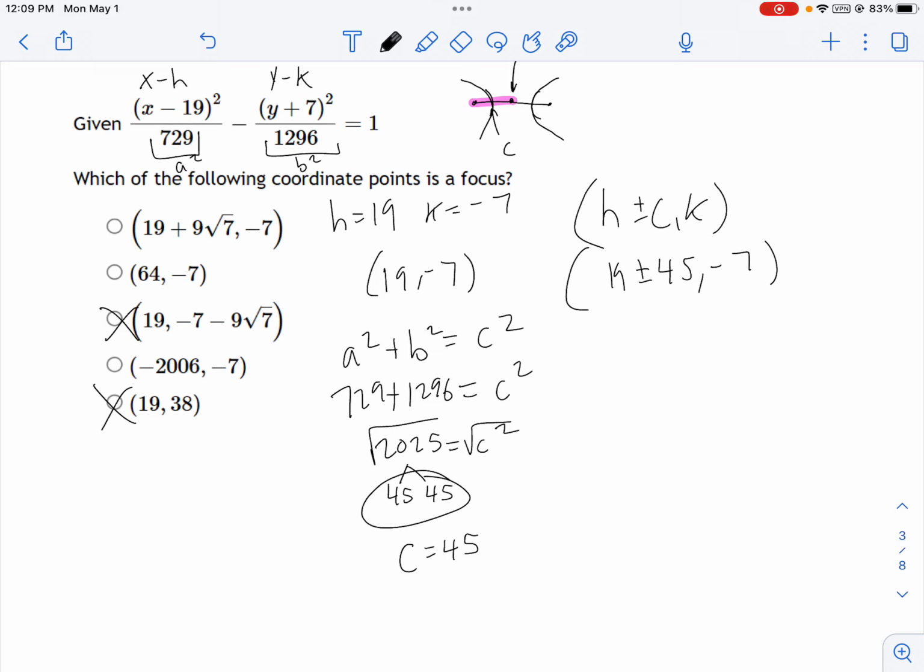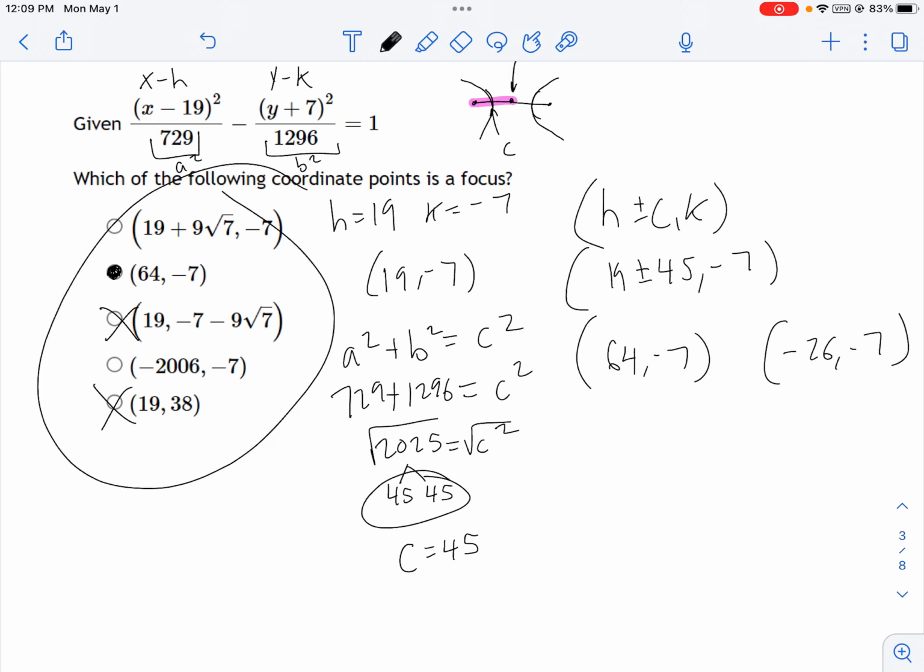So we have 19 plus 45, which is 64. So 64, comma negative 7 is a focus point, which we see there on the left in our answer choices. The other focus point would be 19 minus 45, which would be negative 26, comma negative 7, which we don't see as an answer choice, which we shouldn't because it's just looking for one focus point, not both focus points. Okay, and that's it.